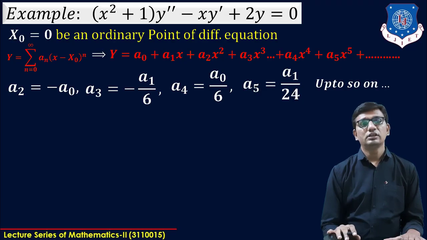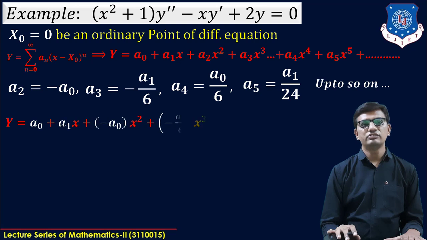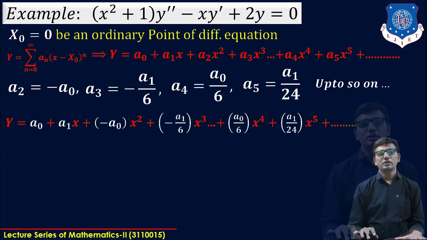We can find the remaining coefficients by the recurrence relation. Finally we get y equals a0 plus a1x minus a0x² minus a1 by 6 x³ plus a0 by 6 x⁴ plus a1 by 24 x⁵ and so on.